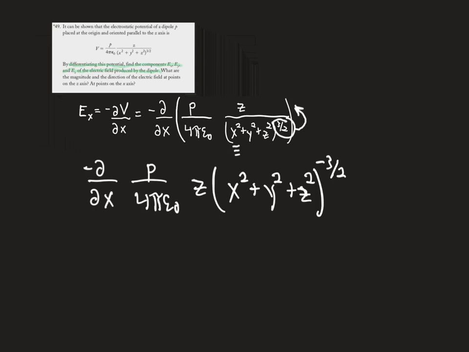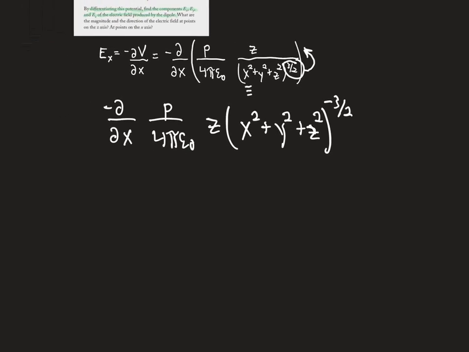And now I can take this derivative. If I want to do the product rule, I need to take the derivative of the first stuff times the derivative of the second stuff plus the second stuff times the derivative of the first. So the product rule, I imagine all of this is the first element, all of this is the second element.